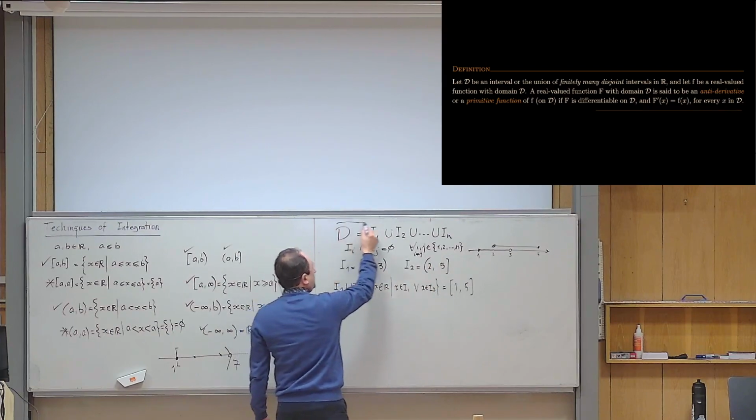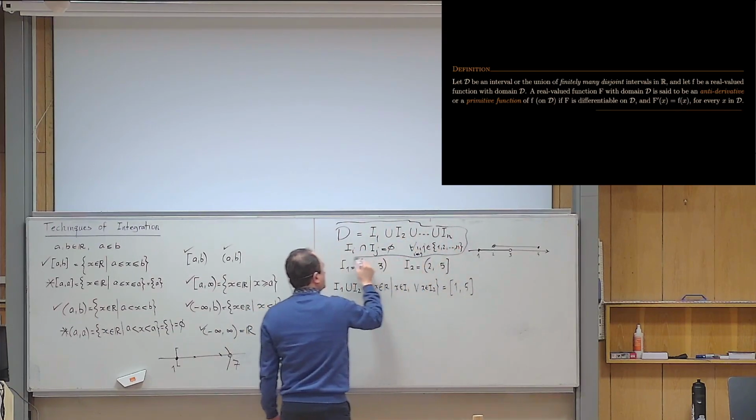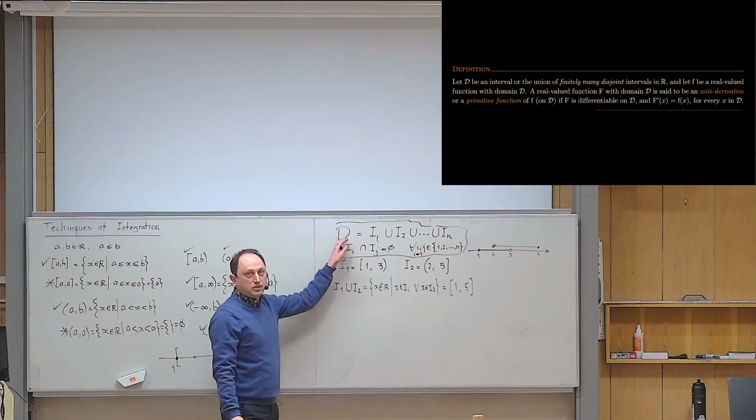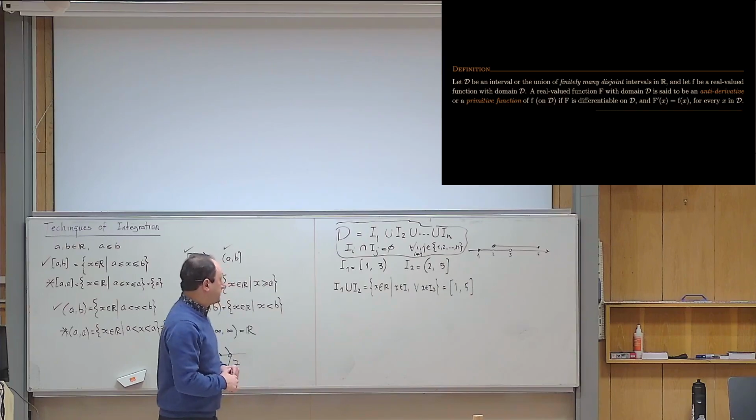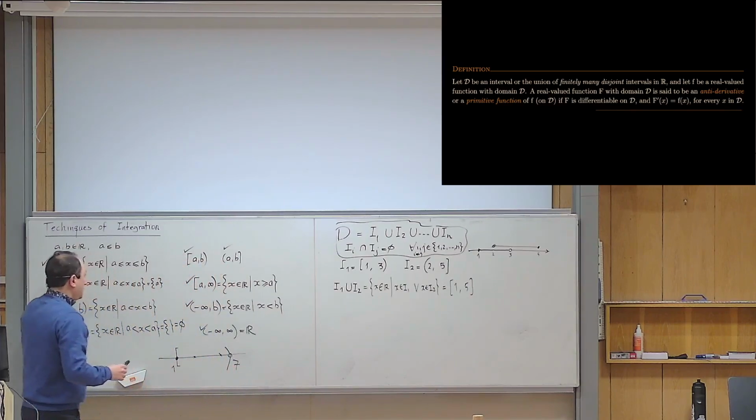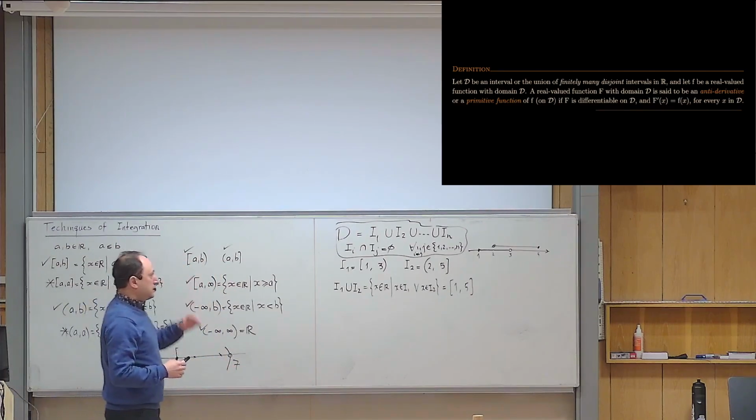But I don't want to disturb you with these notations and symbols. So simply saying, D is the union of disjoint intervals. Okay, so now you have a good picture of what it means.